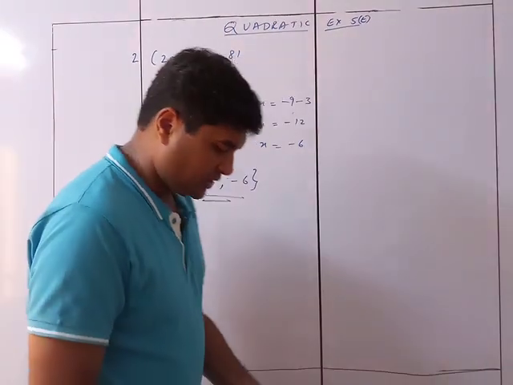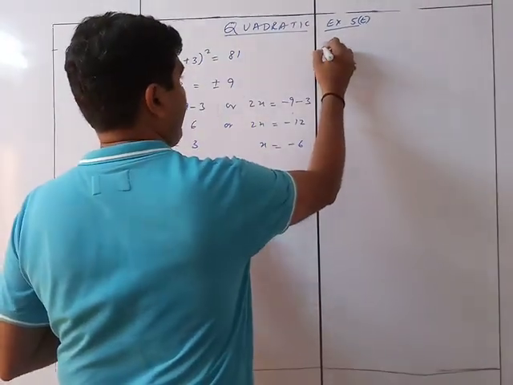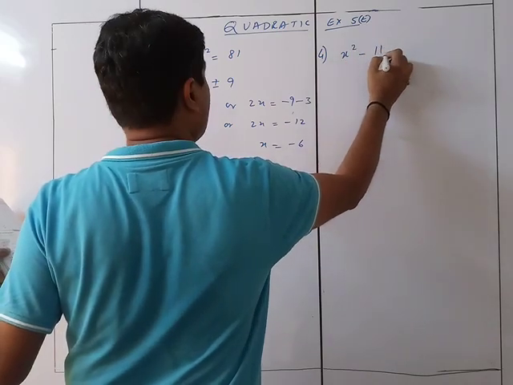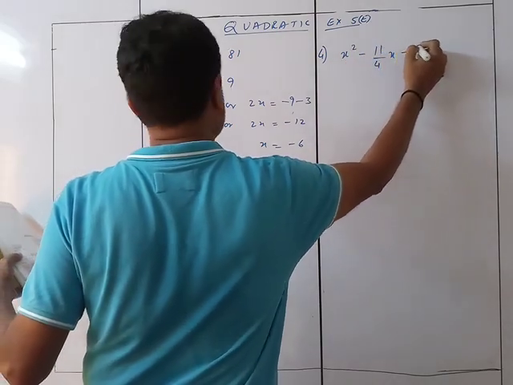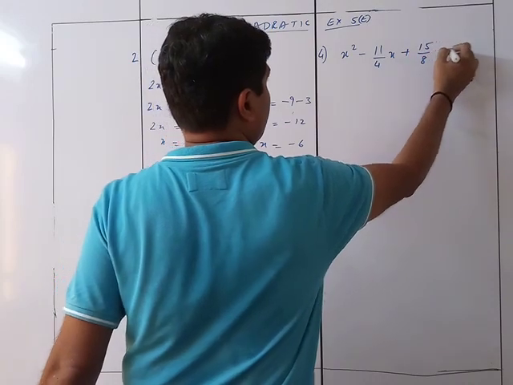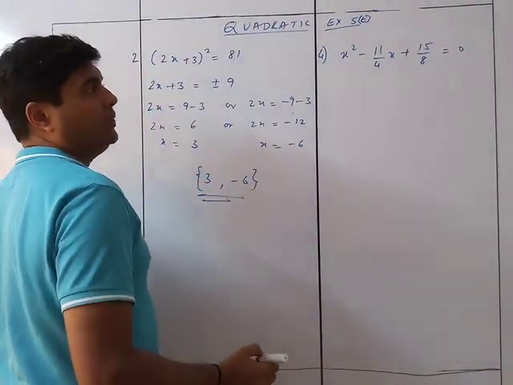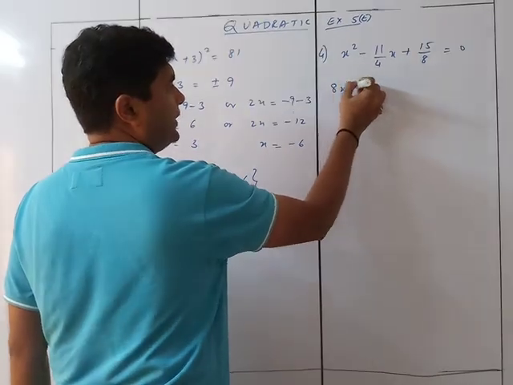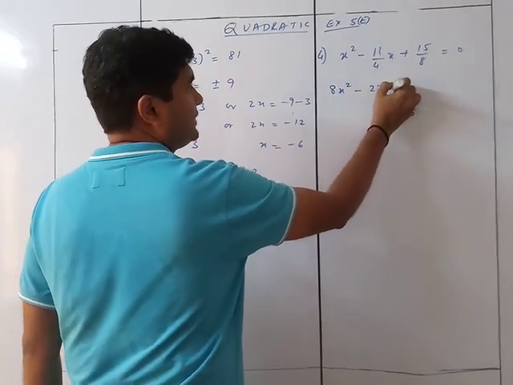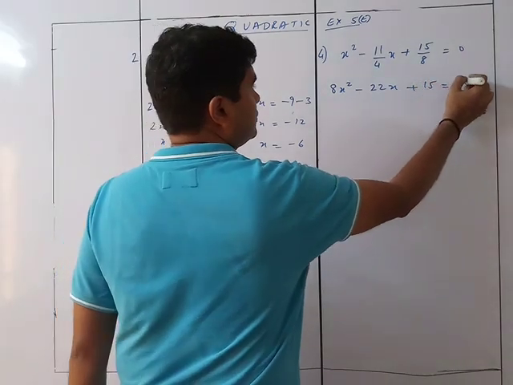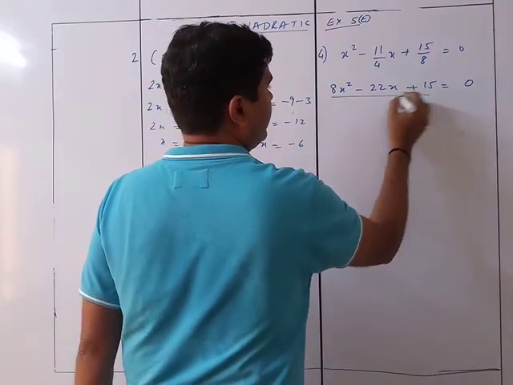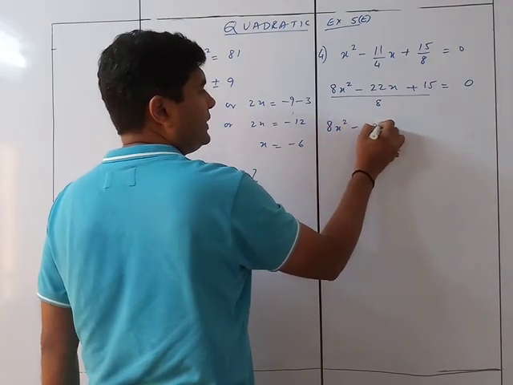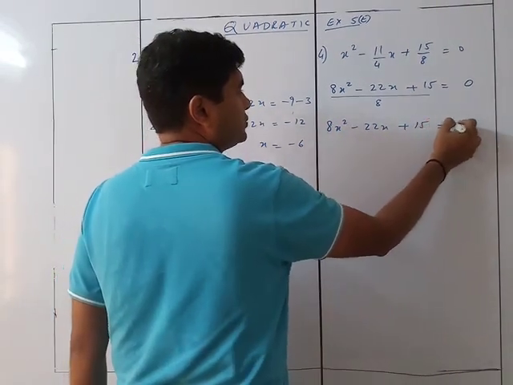We go to the next one, question number 4. x square minus 11 upon 4 x plus 15 upon 8 is equal to 0. We are going to take the LCM of this. So 8 is the LCM, so it becomes 8x square minus 22x plus 15 is equal to 0 upon 8. Now 8 goes over here, becomes 0, so it becomes 8x square minus 22x plus 15 is equal to 0.